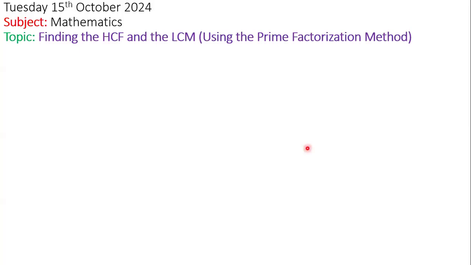What is the prime factorization of a number? Multiplying the prime numbers that make up that number. Okay, that's a good way of putting it. So that's when we express that number as a product of its prime factors.